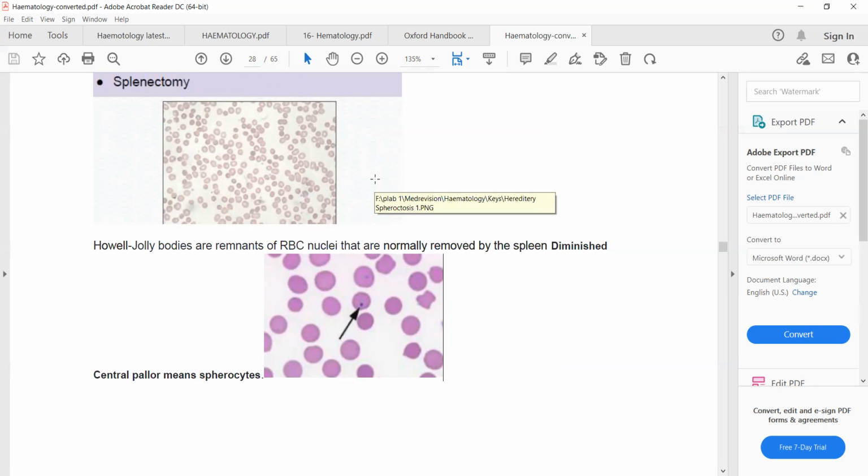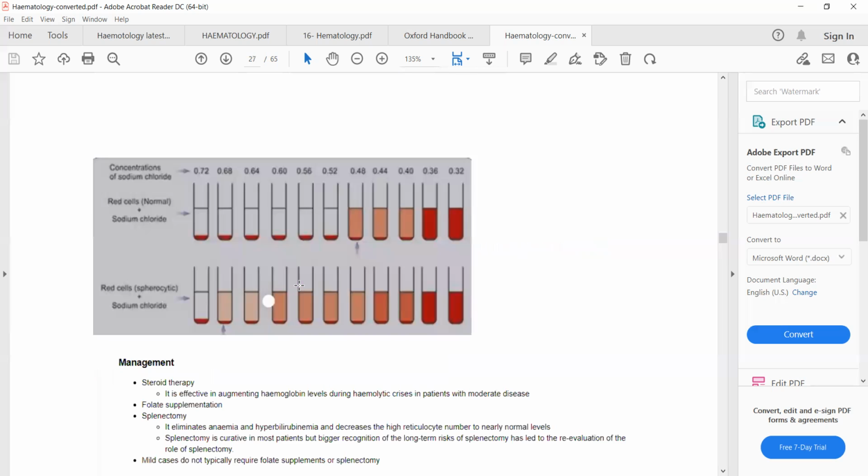But what happens in hereditary spherocytosis? Circular RBCs called spherocytes are found, and these spherocytes don't have any central pallor. You can see that all of these cells do not have any central white area. So these cells are known as spherocytes.